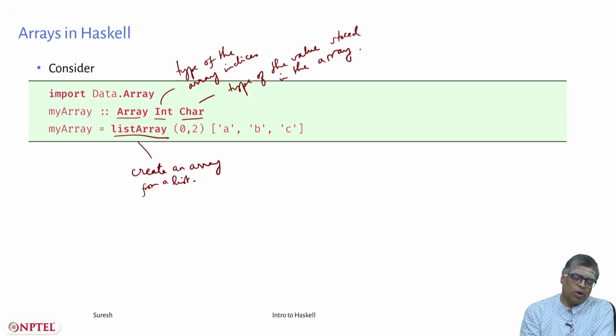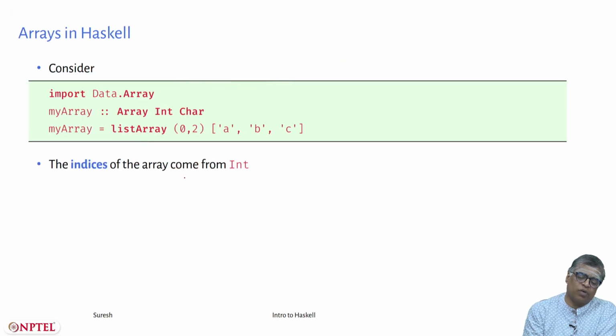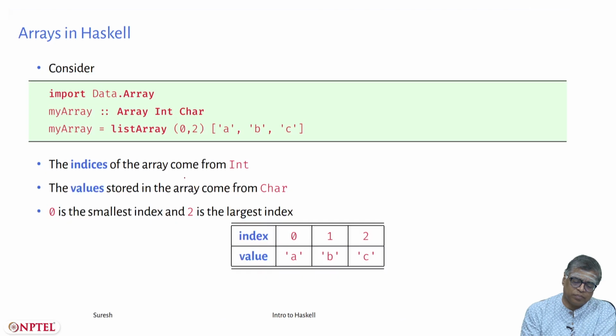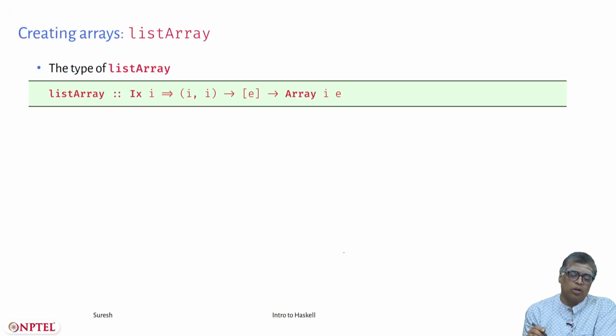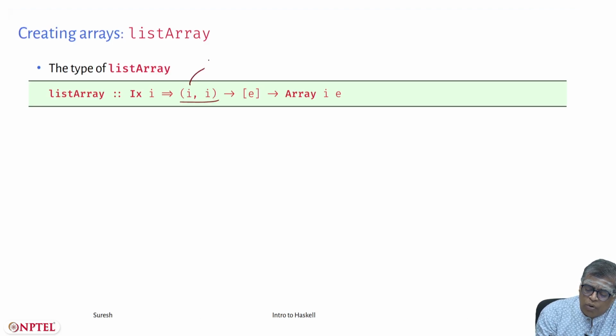So now the indices of the array come from Int. The values stored in the array come from Char. 0 is the smallest index and 2 is the largest index. So your array itself looks like this. Index is 0, 1, 2 and value is A, B, C. And listArray is a function that takes a pair (i, i), which gives you the lower bound of the index, the minimum index, and the maximum index.